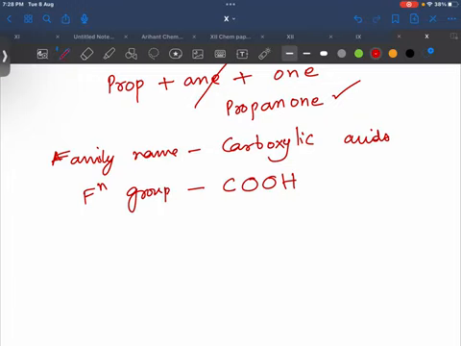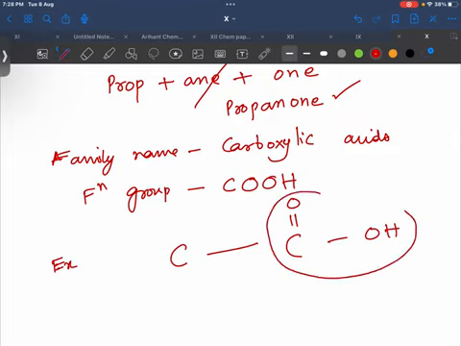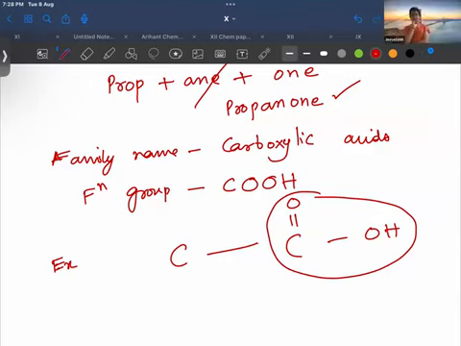Okay, for example, C connected to C double bond OH. See here everyone, this is your functional group. Look where OH is connected and where O is double bonded. That is very important.